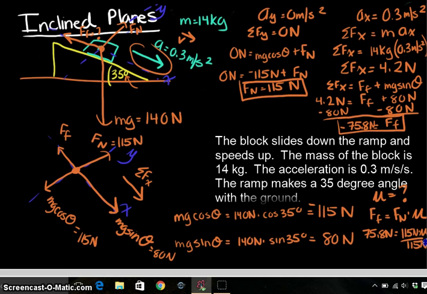Well, I'm going to divide both sides by the normal force. And if I do that, I end up with 75.8 divided by 115, which gives you about 0.66 for your coefficient of friction.